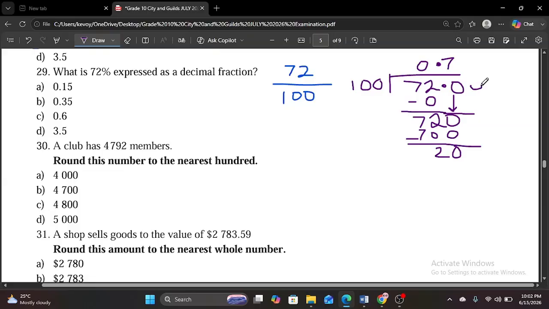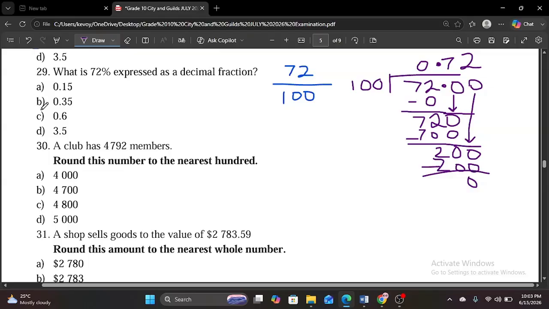So you're going to add that 0 right there and bring it down, changing it to 200. And after you bring down, you repeat the steps. So how many times can 100 go into 200? That's going to be 2 times. So 2 times 100, that's going to be 200. And after subtracting, that will be equal to 0.